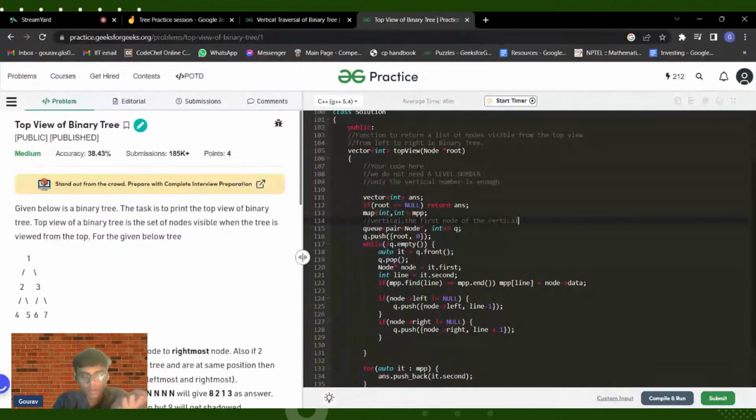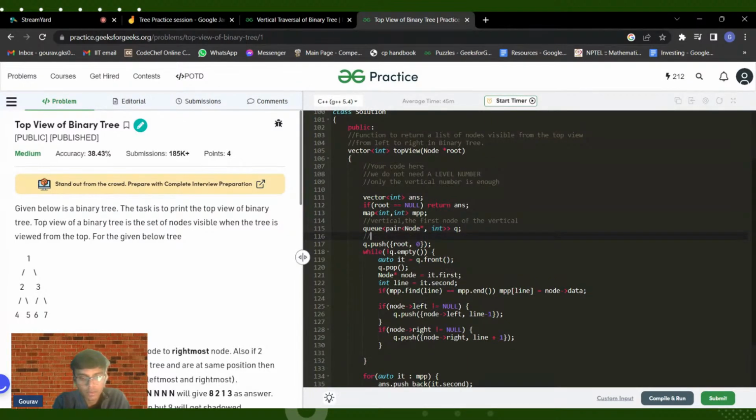So this is containing the vertical and this is containing the first node of the vertical. So as usual, our queue will contain only two values. The first will be the node and the second one will be the vertical number. So our queue is containing node reference and the vertical number.